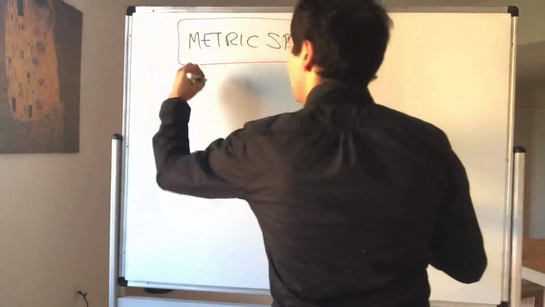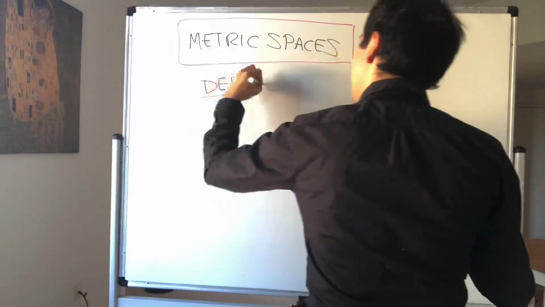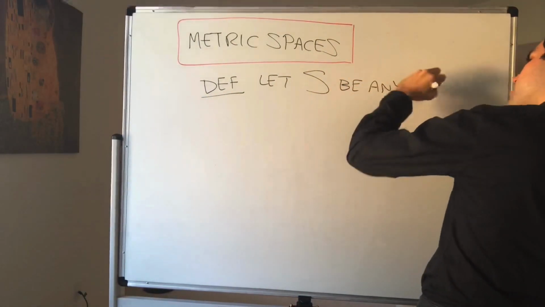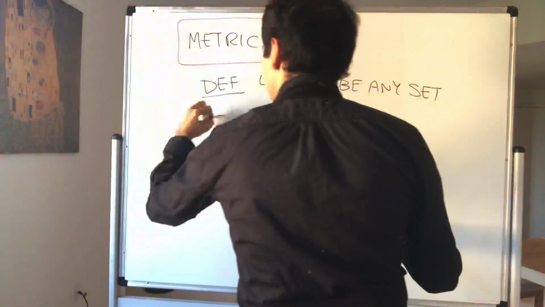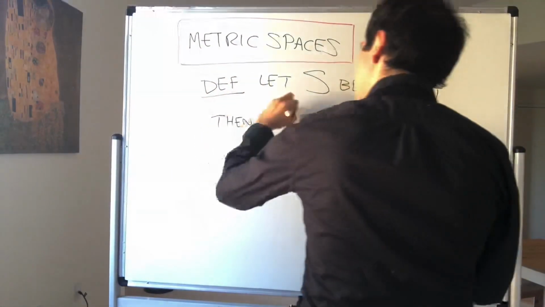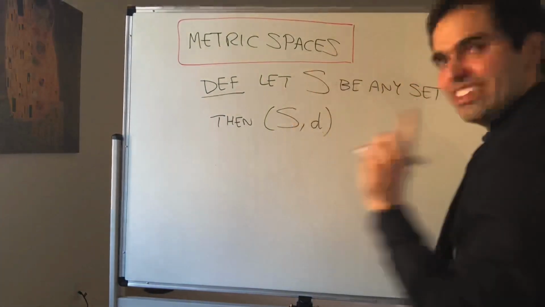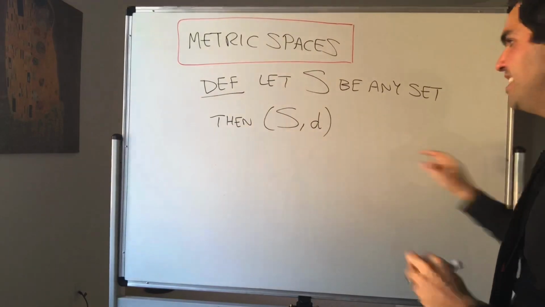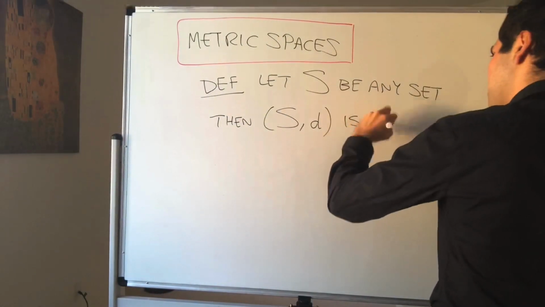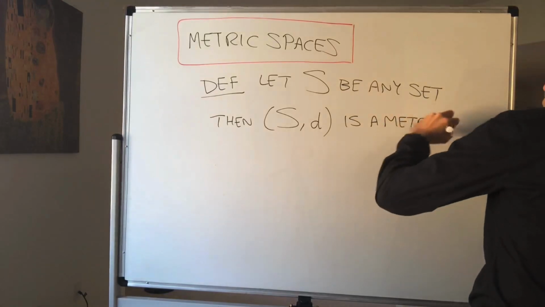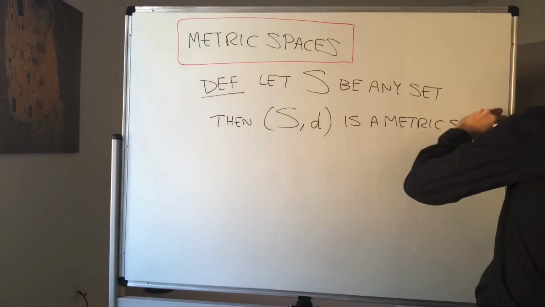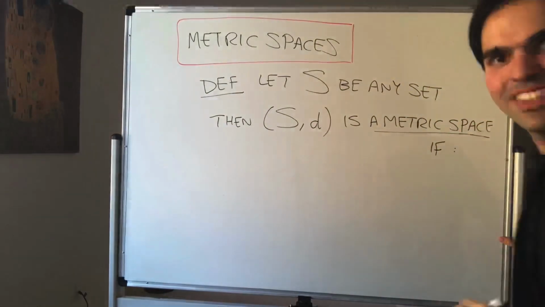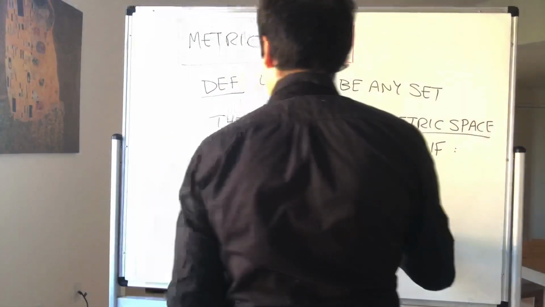So, definition, let S be any set. Then we say (S, d), so not San Diego, but the set S with a distance function d, is a metric space if the following 4 conditions hold, and don't be shocked, those are pretty much the same as the beginning.